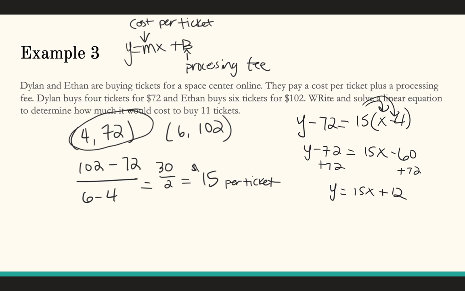So I can see from this that in my equation, 15 is the cost per ticket and $12 is the processing fee. So we want to figure out how much it would cost to buy 11 tickets. So we're going to do 15 times 11 plus 12. And that, once we simplify it, gives us $177 total.